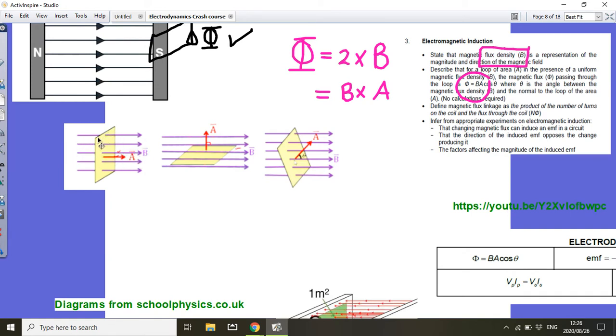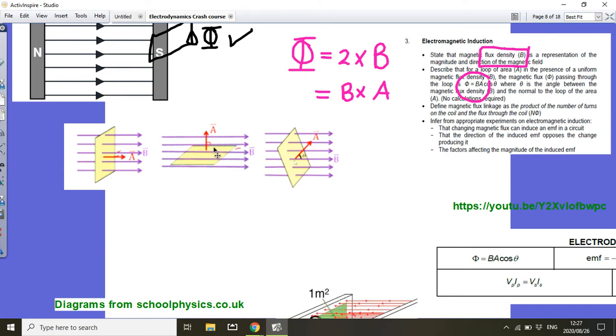Now if my coil is in this position, and coil, loop, solenoid, armature, any of those words can be used, you can see there are all these lines passing through the area. So that means I've got a high magnetic flux.